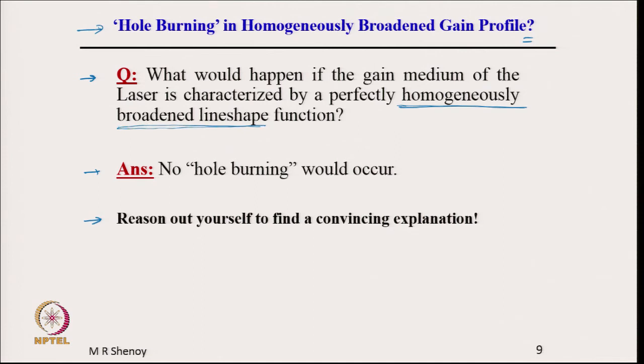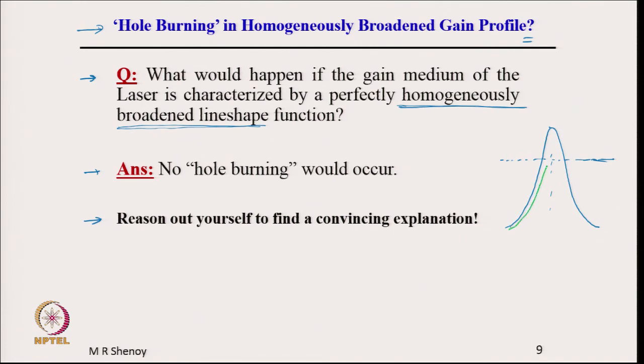Why is there no hole burning? There would not be any hole burning, but the entire gain profile would come down. So, I will give the answer here, but reason out yourself. If the original gain profile, that is before the resonator was present, when the pump is switched on, would have been this, then when the resonator is present, the gain would come down. Let me use another color for the new value.